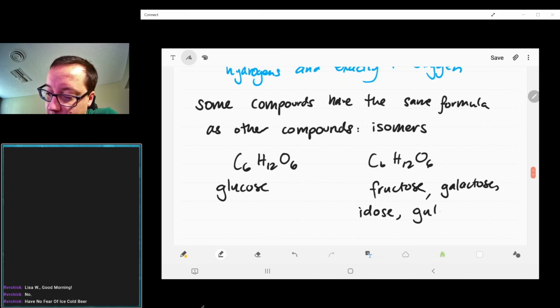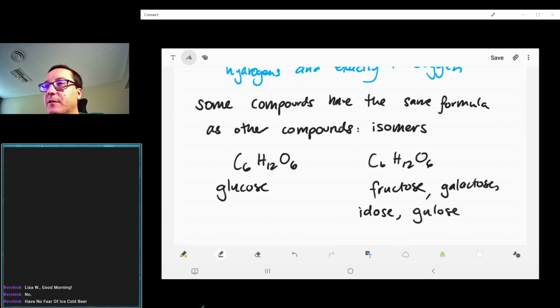There's a bunch of other sugars that have the same chemical formula as glucose. These are all going to be isomers of each other, meaning they have the same chemical formula, but their atoms are arranged in different ways. In chapter 5b, we'll be talking about how atoms get arranged within molecules, and so we'll look more at that. But just throwing it out there that although compounds may have the same number of atoms, they can still be different compounds. But if we're looking at just a sample of glucose, every single glucose molecule should look the same. So just putting that out there.